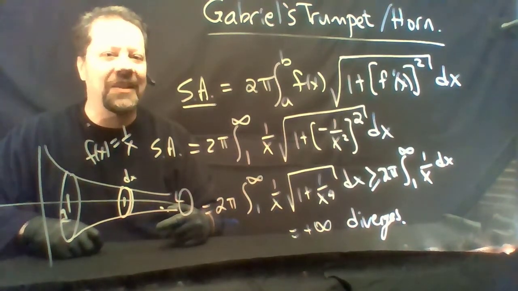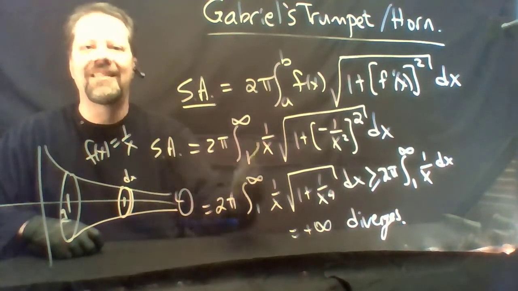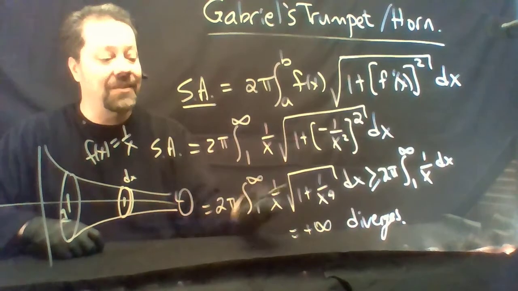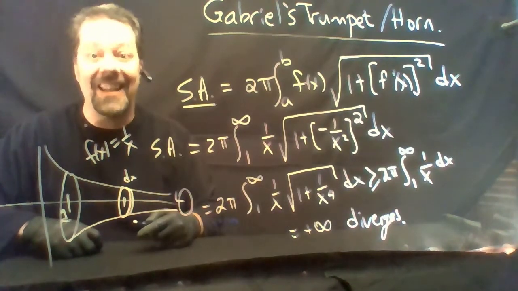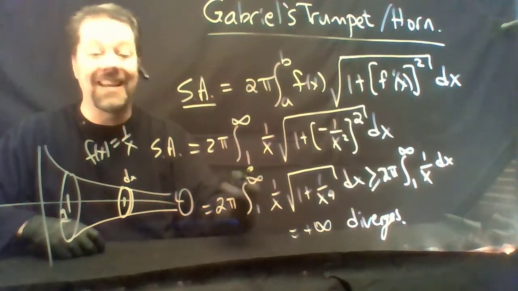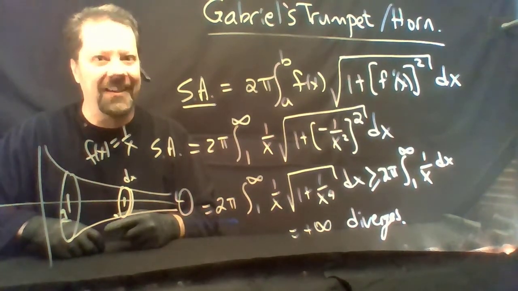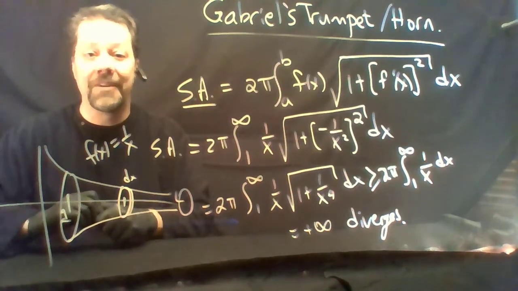So how much gold leaf does it take to cover the interior of Gabriel's horn? The answer is, it takes an infinite amount of gold leaf. The surface area is infinite. The volume is finite. Now this must be very confusing.